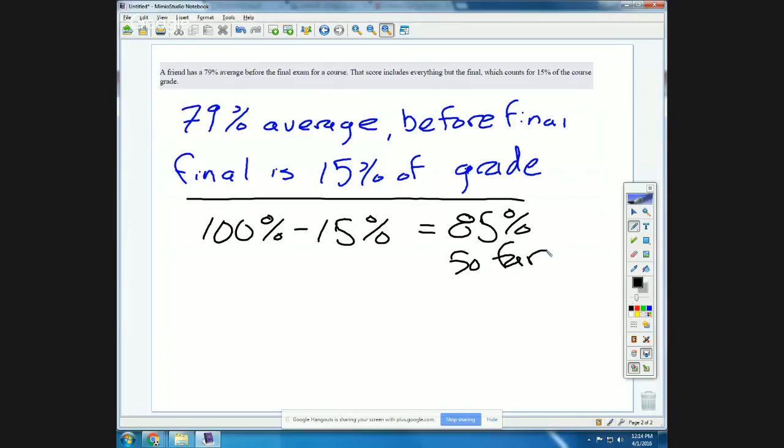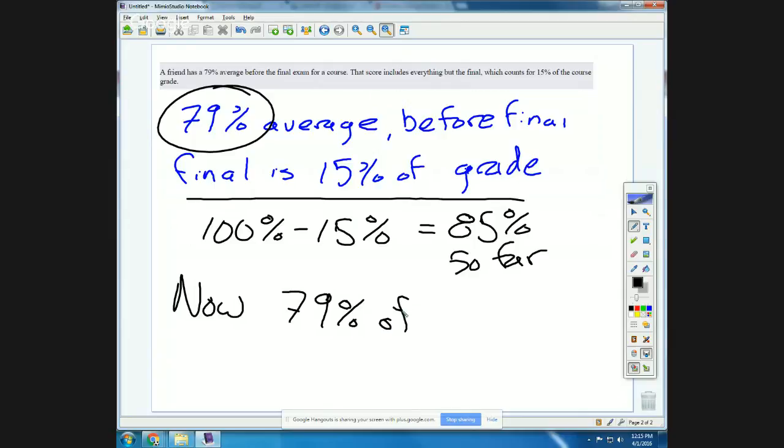Then we have to consider, does the person have all 85 of those points? The answer is no, the person only has 79% of what's happened so far. So right now, this person has 79% of the available 85 percentage points that have happened in the class so far. And what does of usually mean in math? Multiply, yeah. So we want to know what is 79% of 85%.